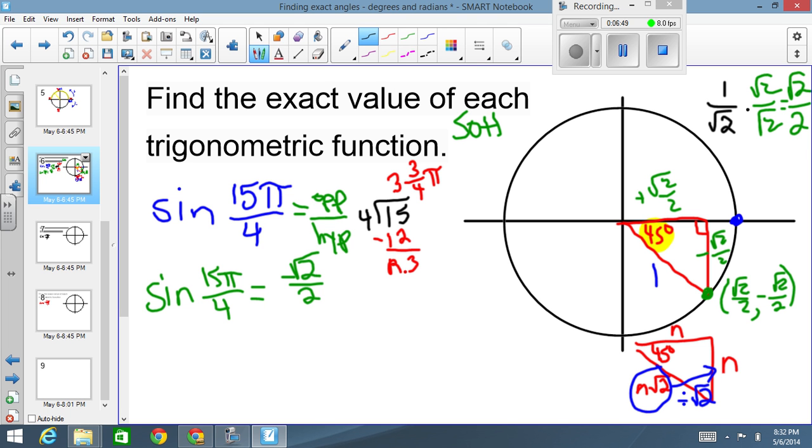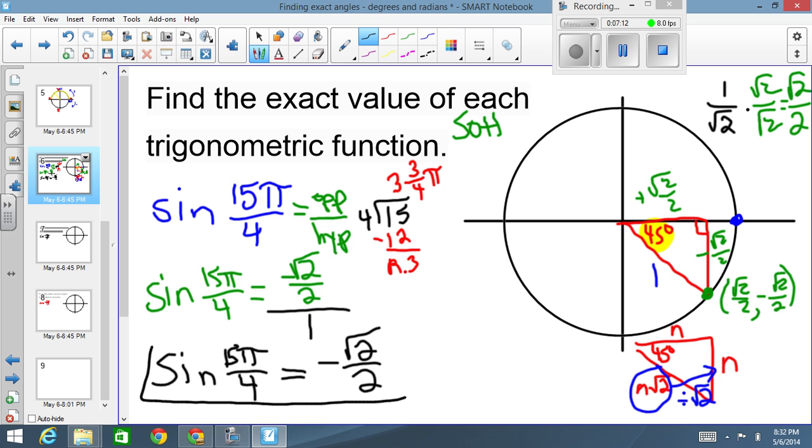That's the opposite, and I divide that by my hypotenuse, which is 1. Well, we know that any number divided by 1 is just itself. So in this case, the sine of 15 pi over 4 is equal to negative radical 2 over 2. That's your final answer.